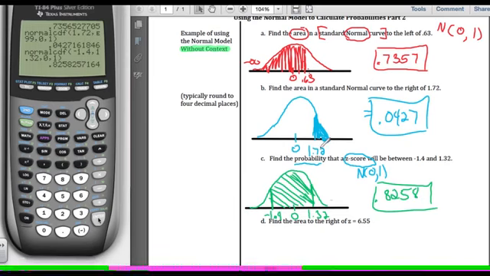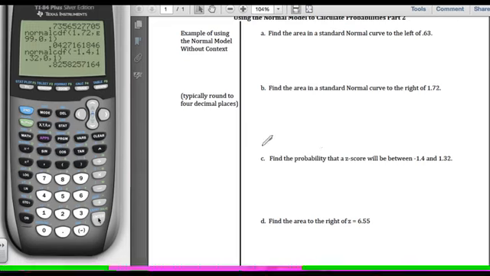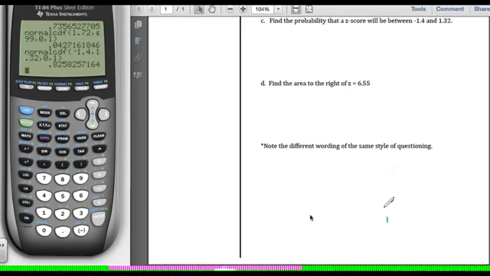Final question. Find the area to the right of z equals 6.55. This is a z-score, so again, I'm on that standard normal curve. Again, it always helps me to sketch out what's going on.